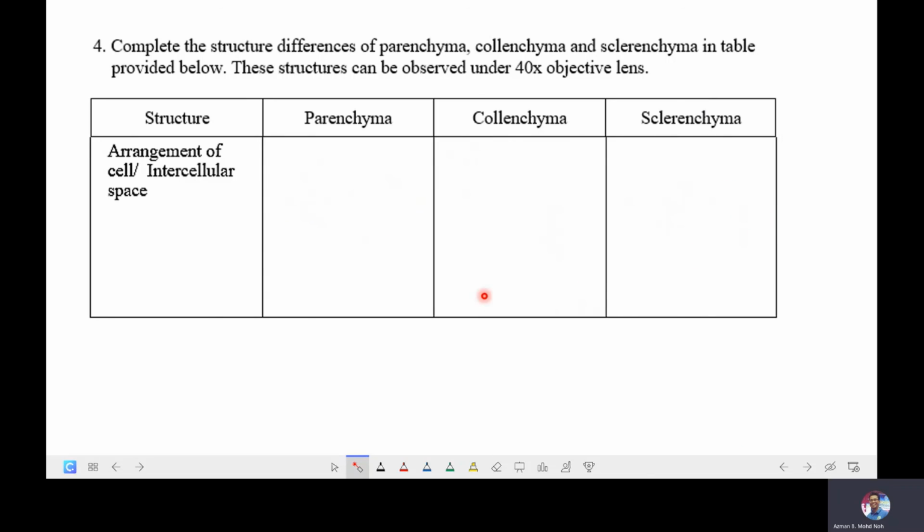And another part will be about the arrangement of the cell. For the parenchyma tissue, the cells are loosely packed. This means that they have large intercellular air spaces. Okay, ada ruang-ruang udara di antara sel-sel parenchyma.